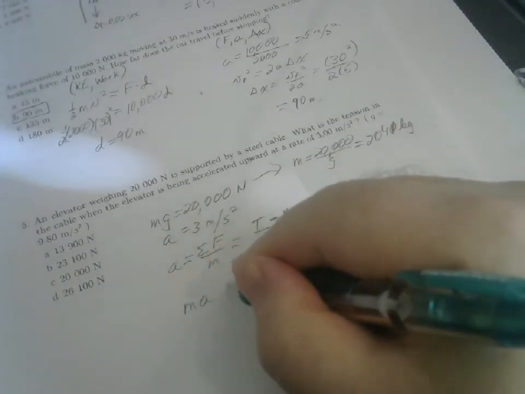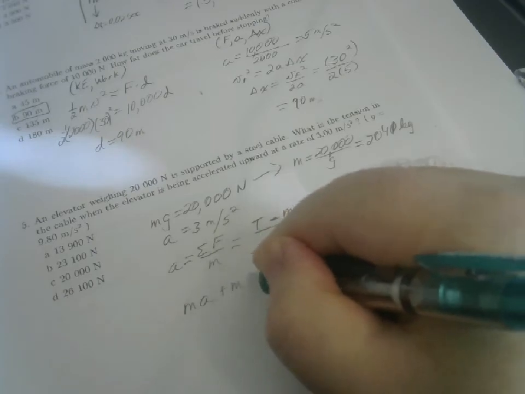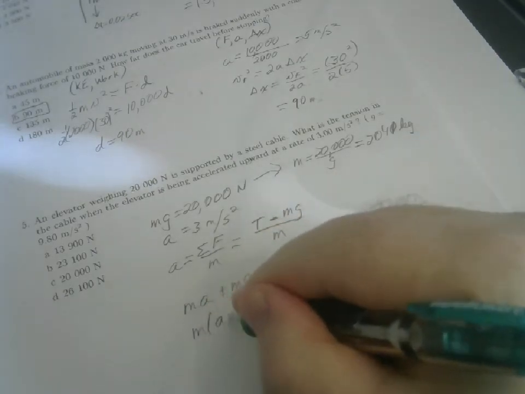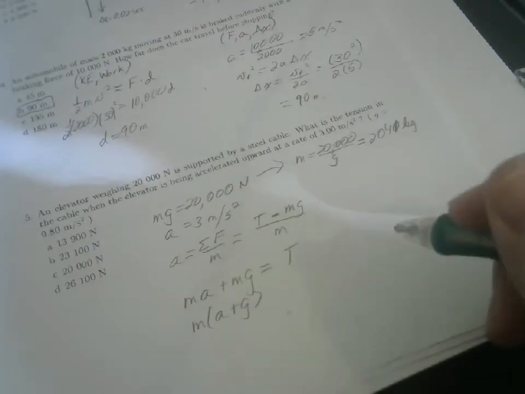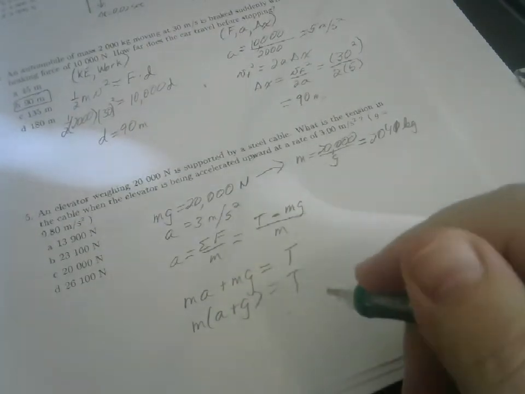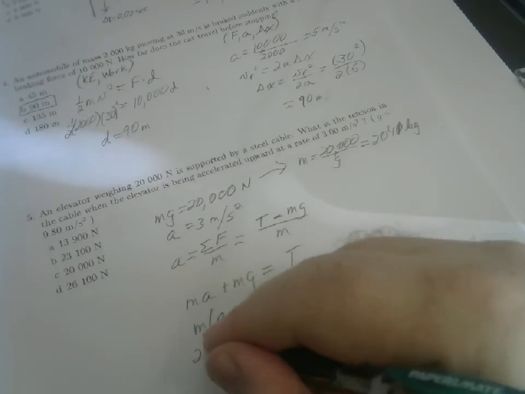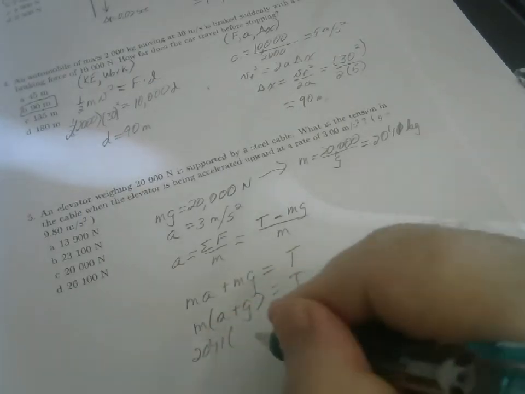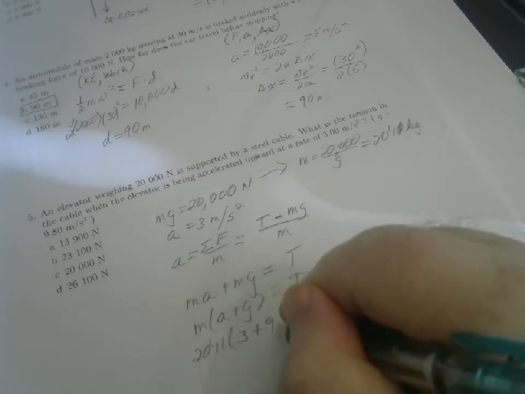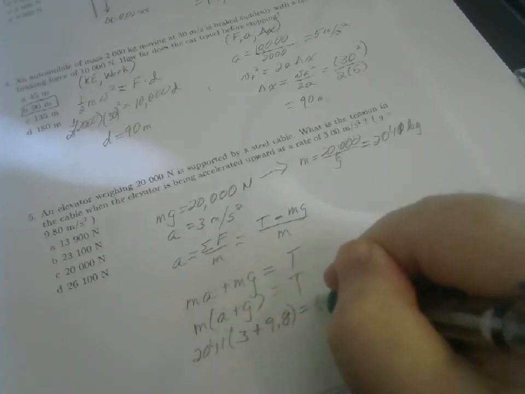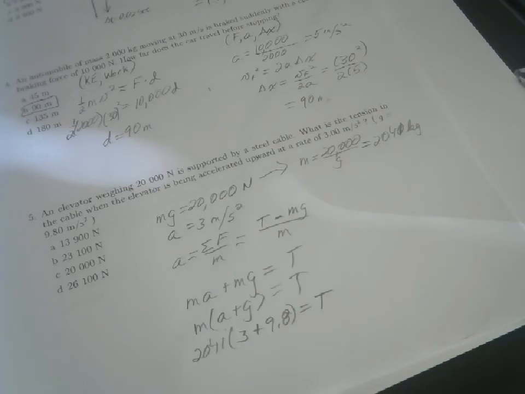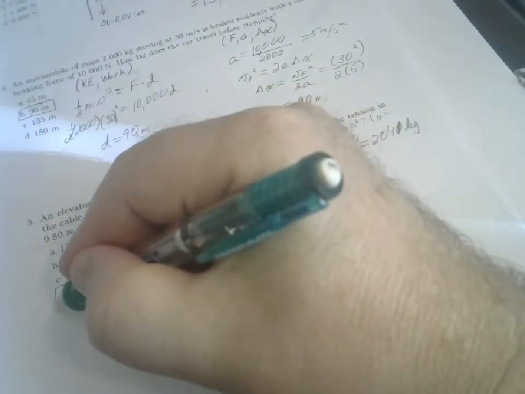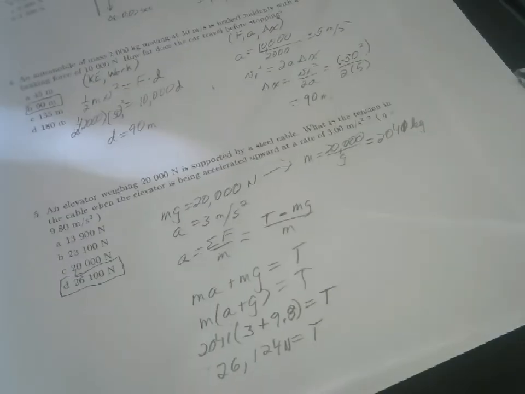Mass times acceleration plus mg equals tension, and that can be converted into m times a plus g equals tension. So we'll have 2,041 times our acceleration of 3 plus 9.8 will be our tension. And it came out to be 26,124 newtons, which is answer D.